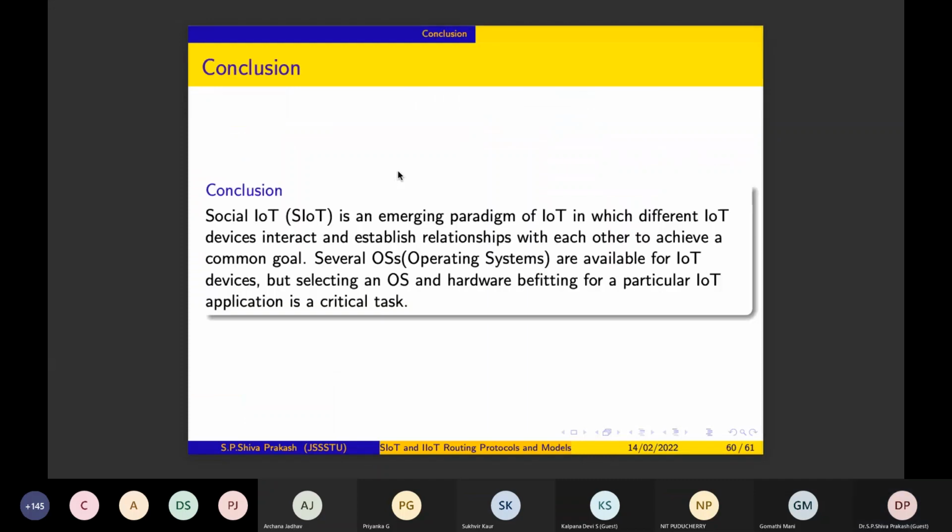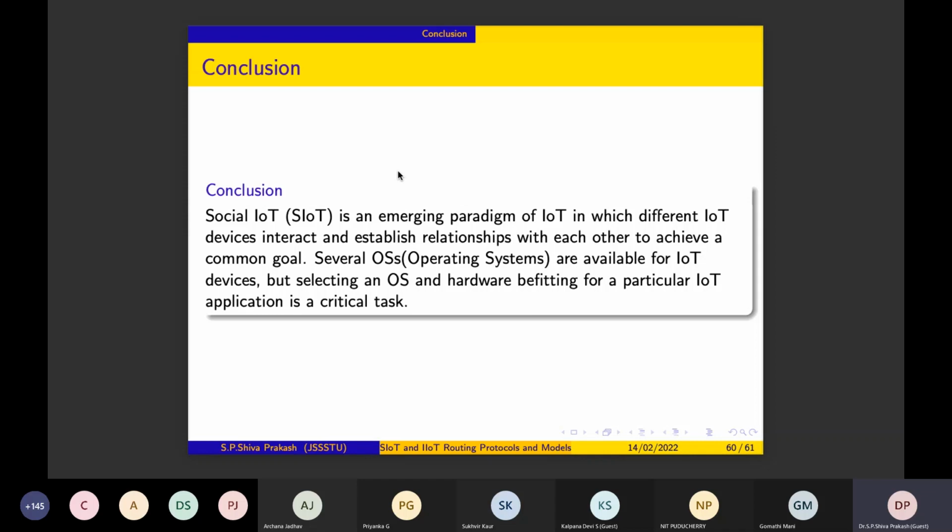So to conclude, SIoT is an emerging paradigm of IoT, which is different in the way devices interact and establish connections with each other to achieve a common goal.